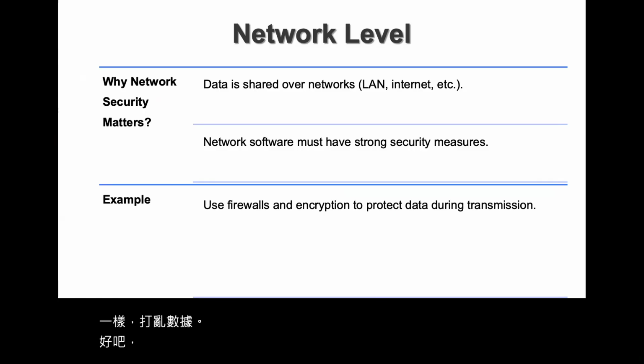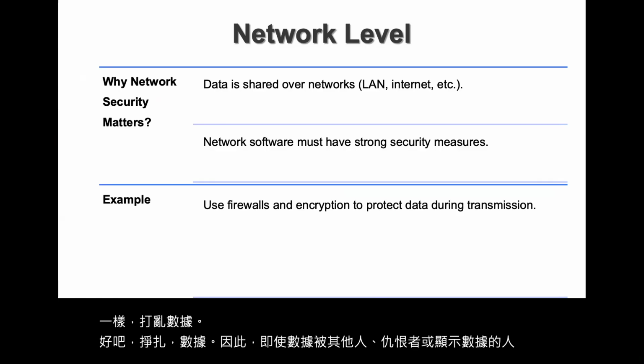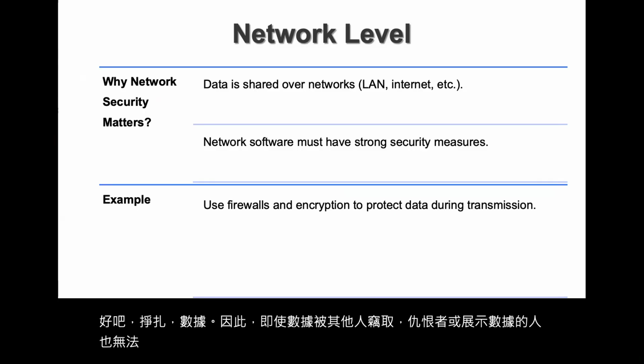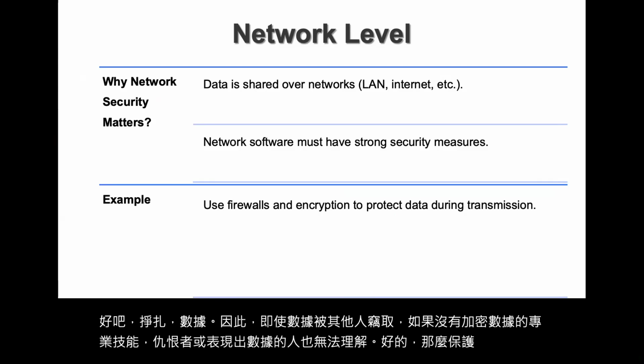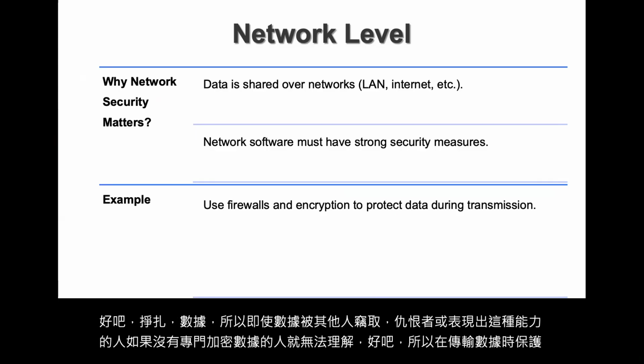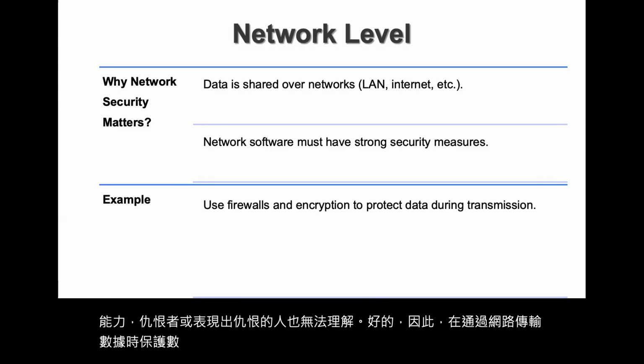So even if the data is stolen by hackers, they cannot understand it without the special key to decrypt the data. Protecting data while it's being transmitted over the network is just as important as protecting the database itself.